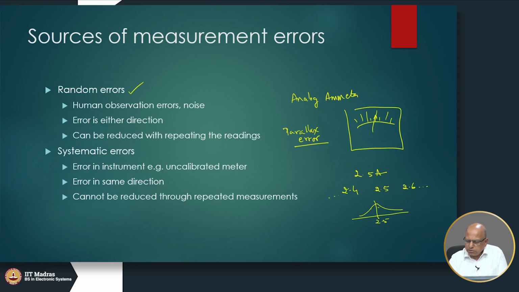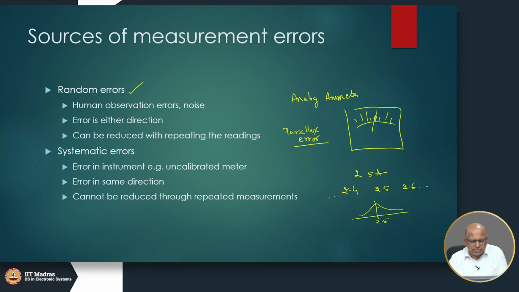If the team has 4 people, each person is asked to read. Some people will read high, some will read low, but if you average it out, the chances are that the errors will cancel out and you may get the correct answer. So, that is why it is a random error.